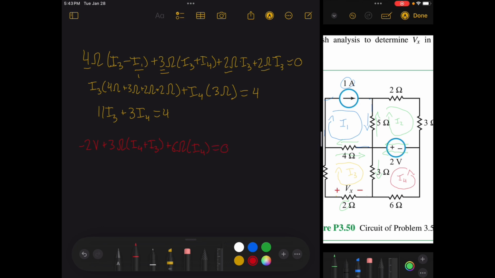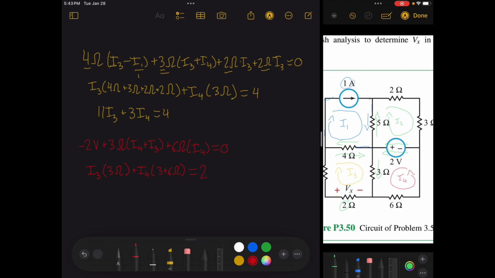And so again, rearrange it to isolate the variables. So I3 times 3 ohms plus I4 times 3 plus 6 ohms is equal to -2 volts.